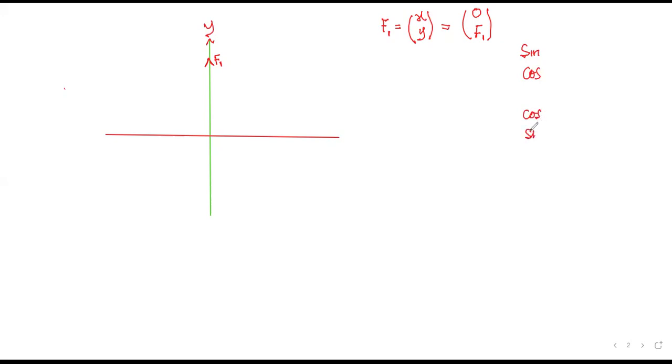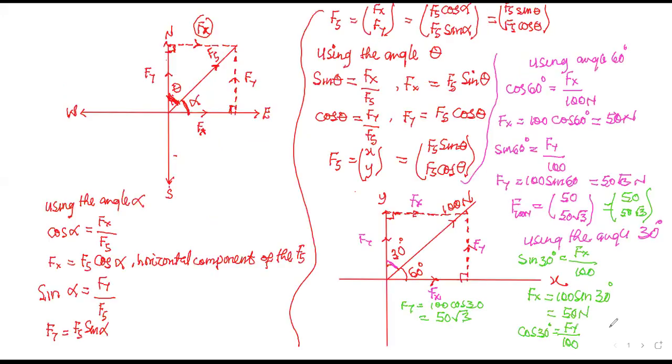Class, do you remember? If you use alpha, the angle it makes with the x, and theta, the angle it makes with the y, in using alpha the order of the component becomes cos sine. When you use theta, the angle with the y-axis, it is sine cos.